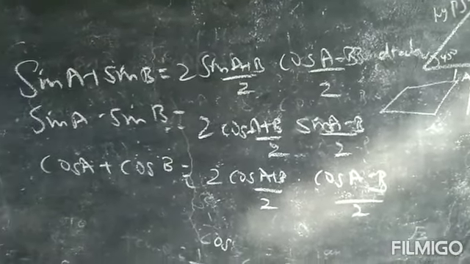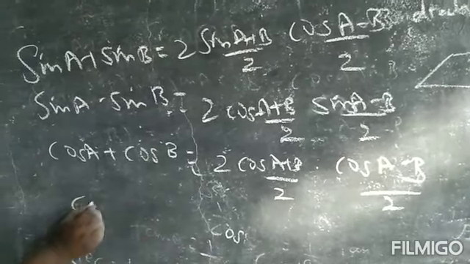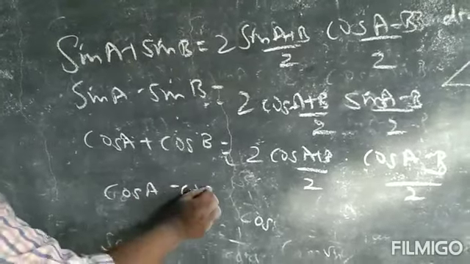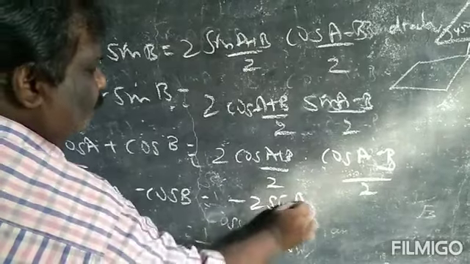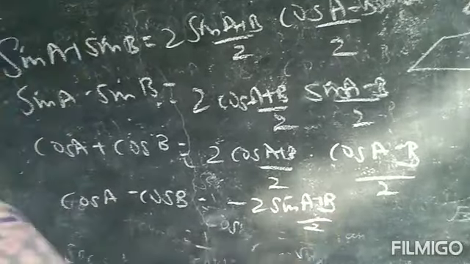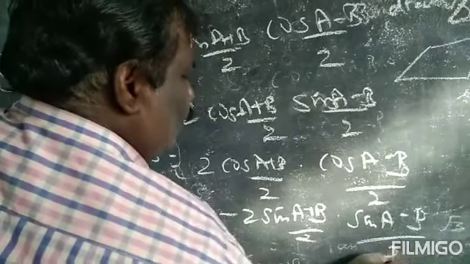Likewise, cos A minus cos B is equal to minus 2 sin A plus B by 2 into sin A minus B by 2.